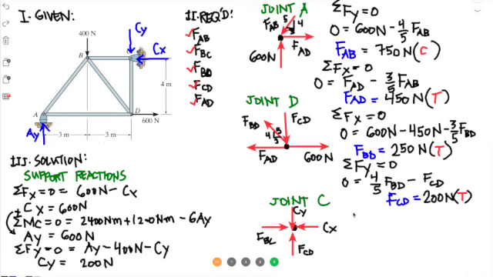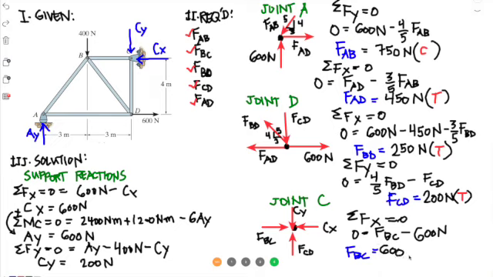So if we do a summation of forces in X, we can find that 0 is equal to FBC minus CX, which is 600 newtons. So it's safe to say that FBC would just be equal to the same thing, 600 newtons.